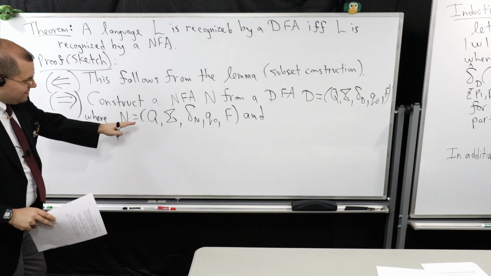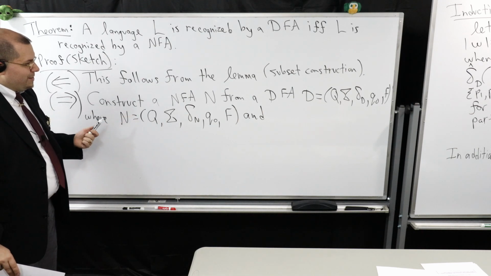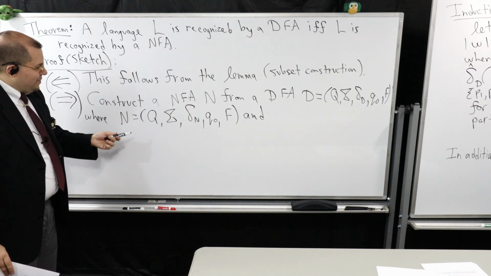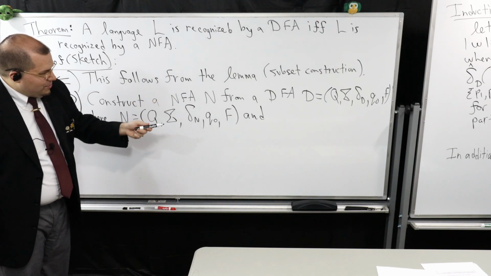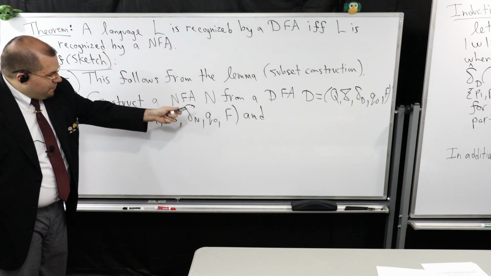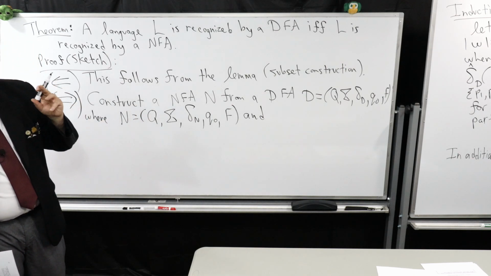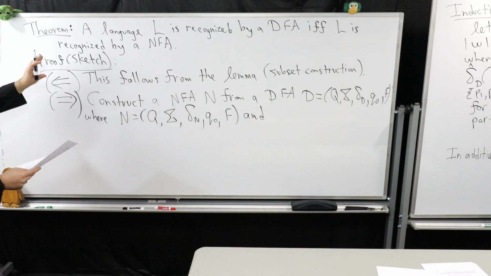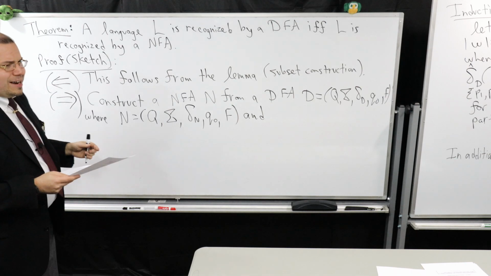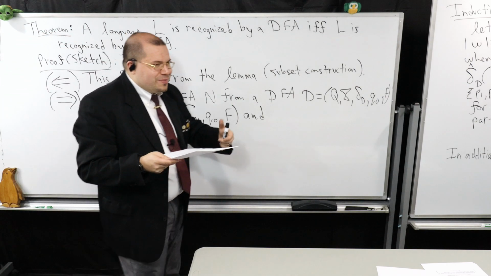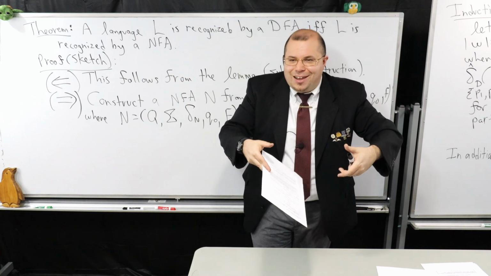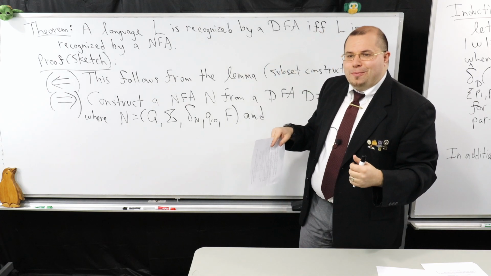Everything about this is exactly the same except for one thing: Q, Sigma, Q0 and F are the same, but delta_N is going to be different from delta_D. I'm just going to do one very simple step. I'm going to take the description of the DFA, wrap it in the language of an NFA, and then boom, I have an NFA.